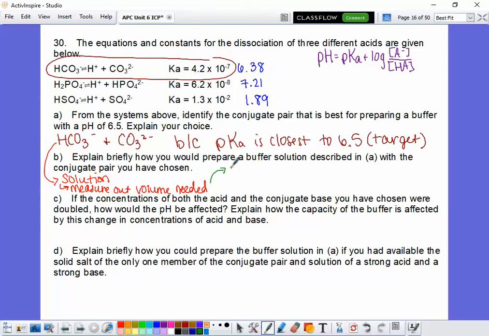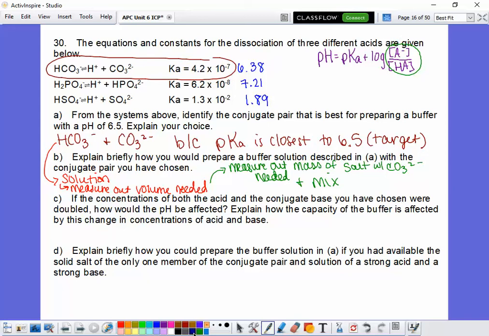And then measure out the mass of salt with CO3 2 minus that's needed, and then you'll mix. So you're going to have to do calculations based off of this part of your ratio.